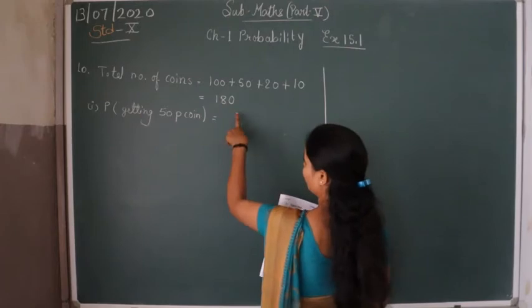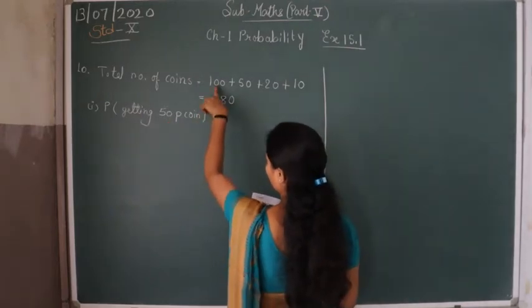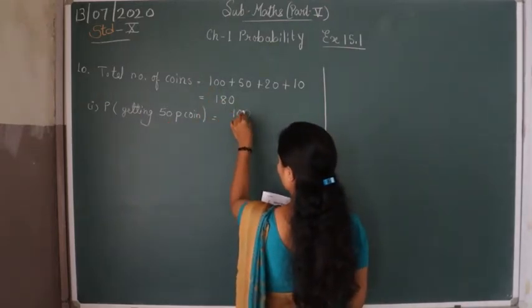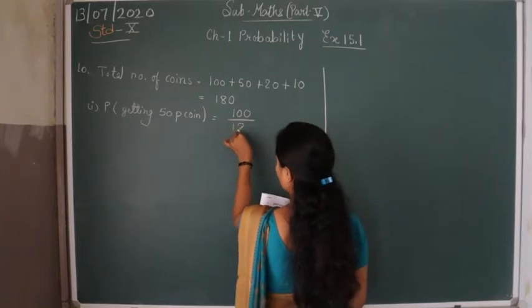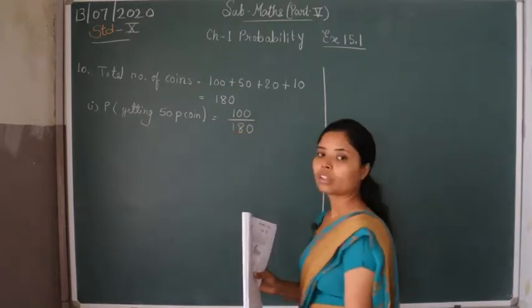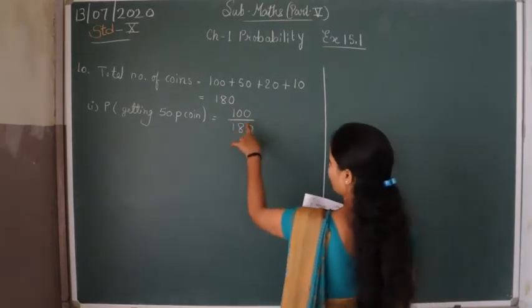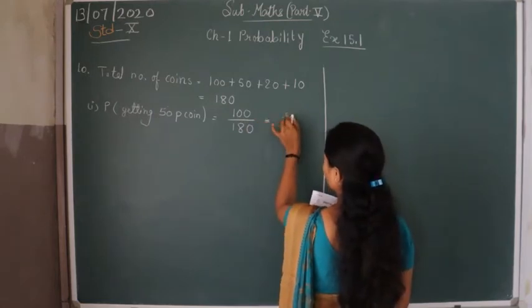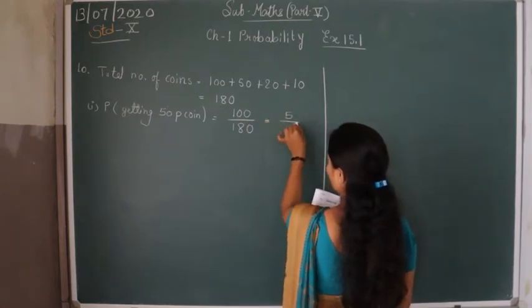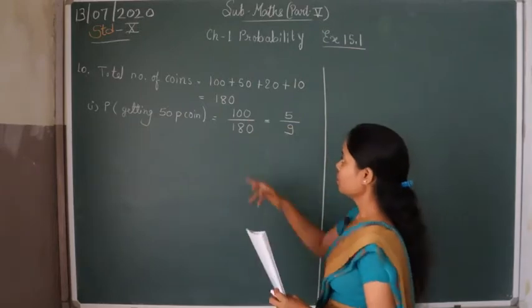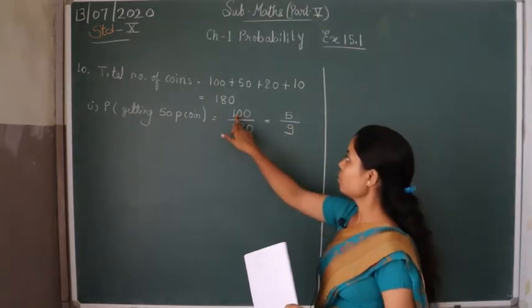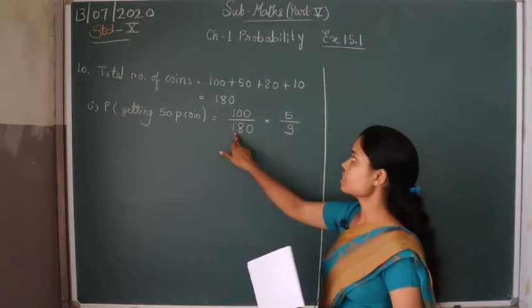So the favorable outcome for 50 paisa coin is 100, and the possible outcomes are 180. When you cancel it, you get 5 by 9. 0 will cancel by 0 and divide these by 2.